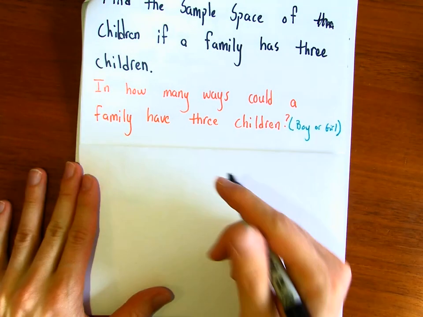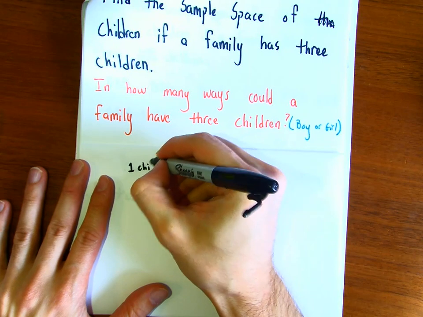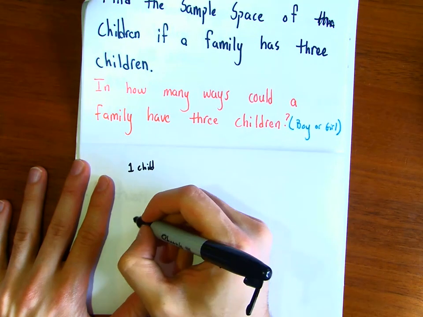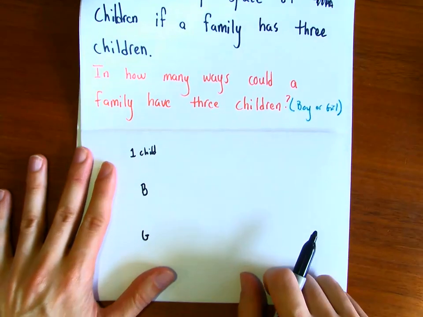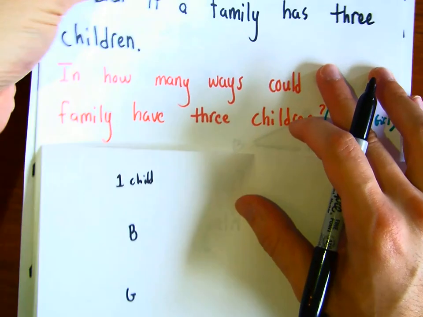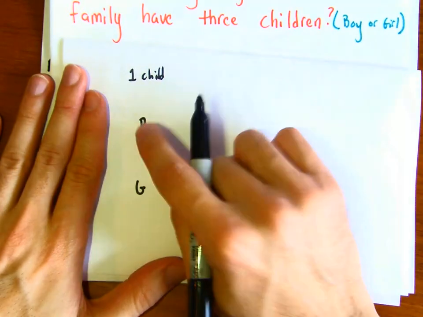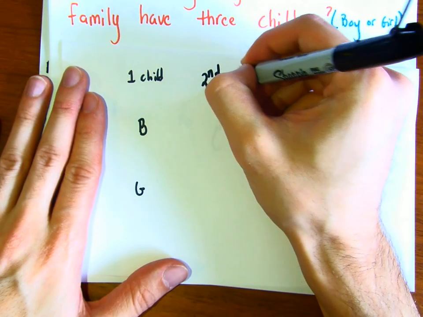And if you're coming for a solution, imagine you have your first child. Well, if you have your first child, it could either be a boy or a girl. Okay, and let me zoom in on this, right? If you have your first child, you're either gonna have a boy or a girl. Now, let's say about your second child.